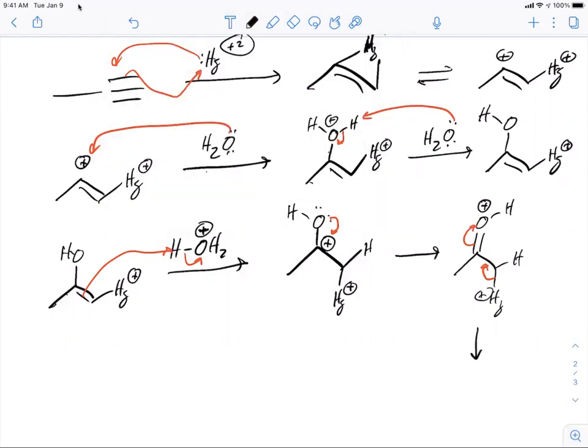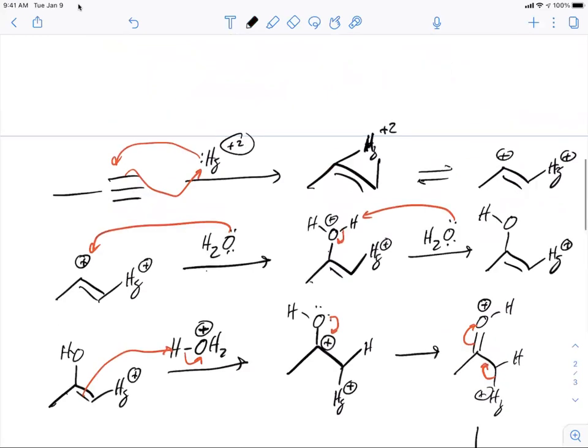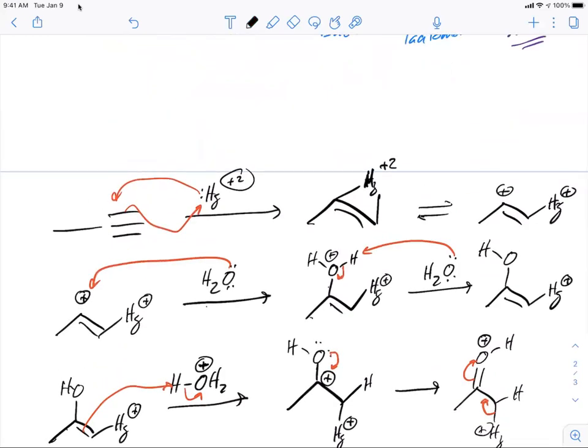And this gets us to our enol. So the first thing that happens is you create the enol. So the mercury activates the triple bond, right?